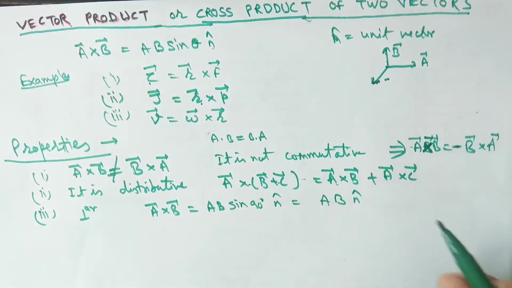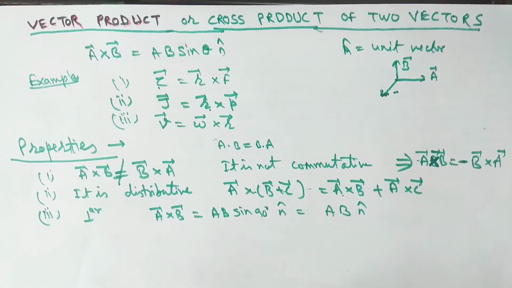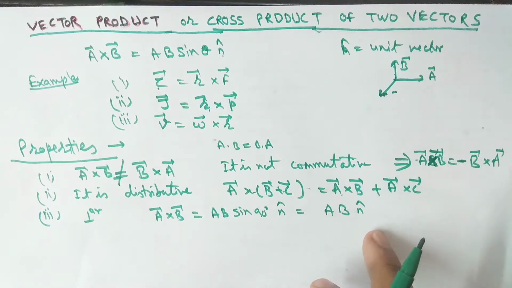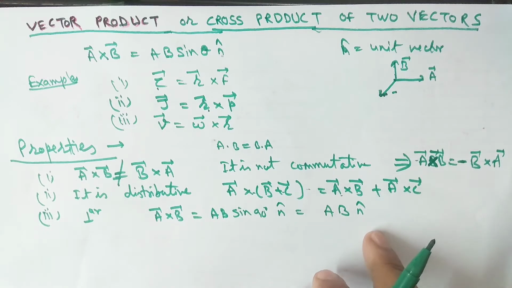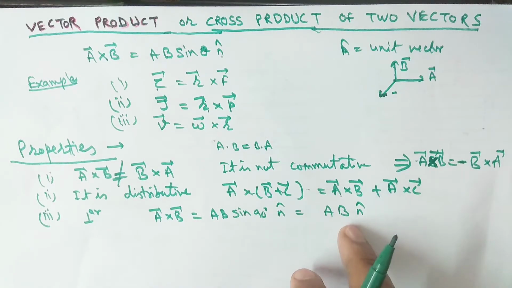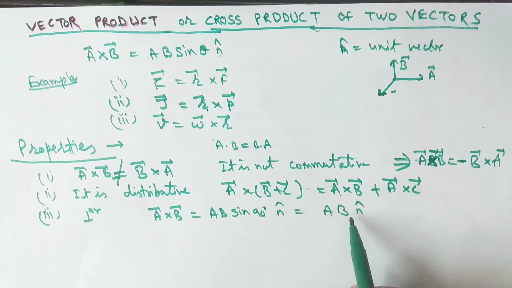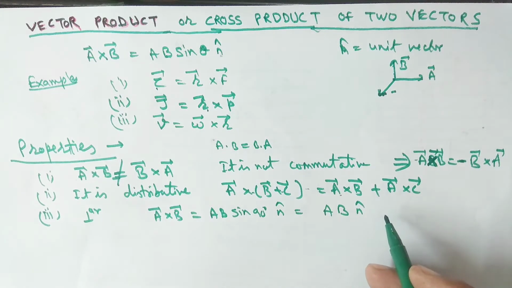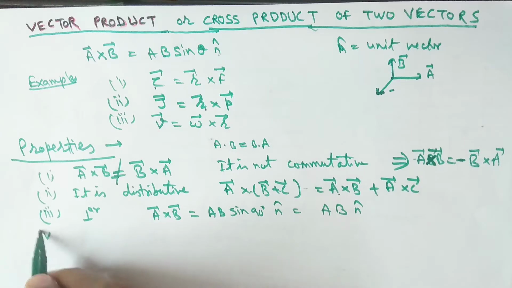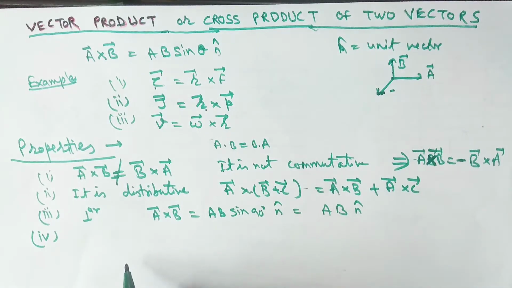So if the given vectors are perpendicular to each other, then the resultant is always the product of their magnitudes, in the direction perpendicular to both given vectors.